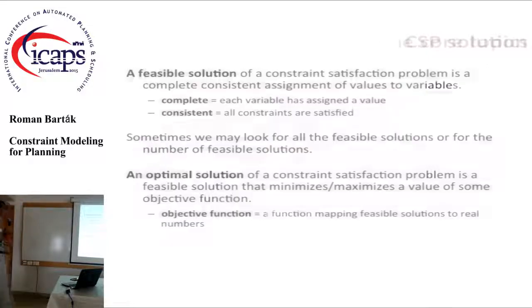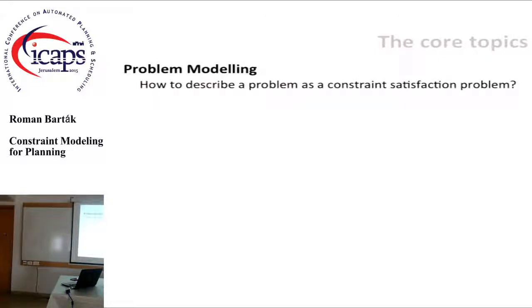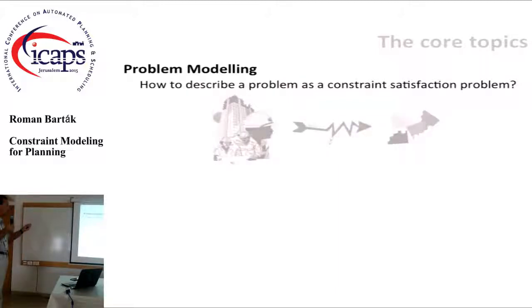So let me show another example. Before going to this example, when we want to use a CSP in practice, basically we are doing two tasks. The first task is what's called problem modeling. This is a description of a problem as a CSP. So we have a real life problem, and we would like to formalize the problem somehow.